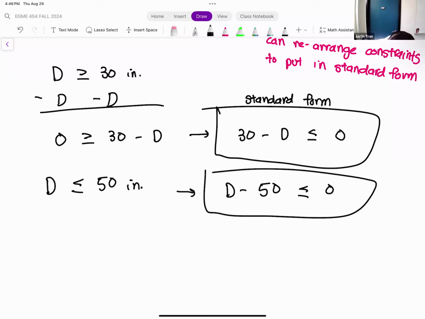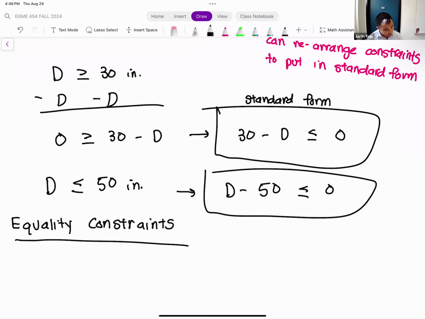Okay, next let's look at equality constraints. You're never going to see them in a one-dimensional problem just because it turns your problem trivial. Equality constraints are something that you see in two-dimensional, three-dimensional, multi-dimensional optimization problems.